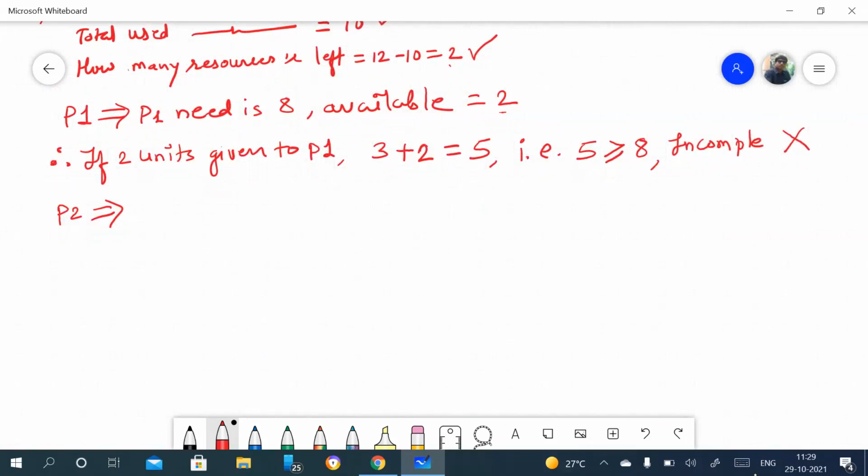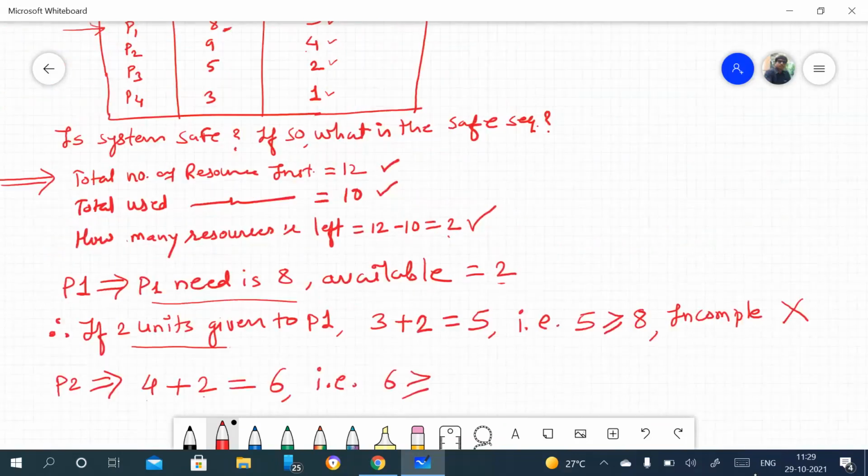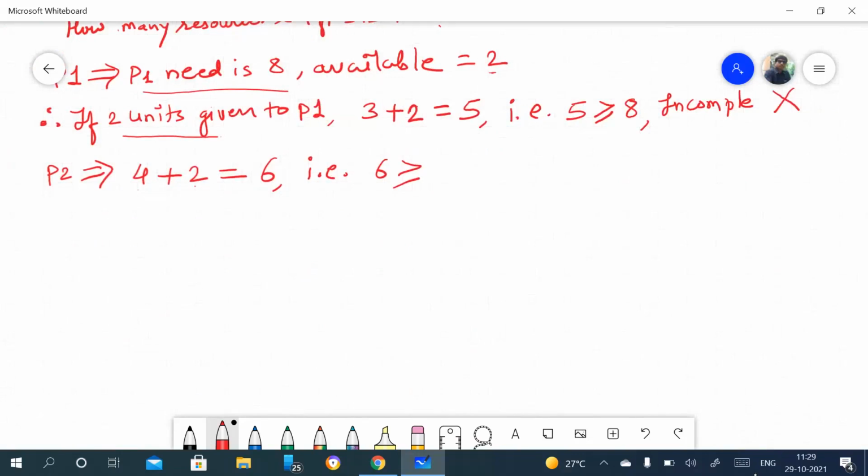So 4 plus 2. I am writing directly, not writing this statement and this statement. You just understand this. For P2, I am giving 2 and the allocation is 4. So that becomes 6. So 6 must be greater than or equal to the maximum need, which is 9, right? So this is also not true. So we can say incomplete.